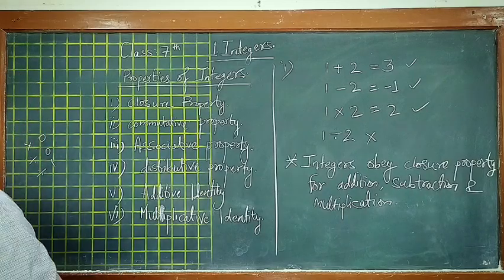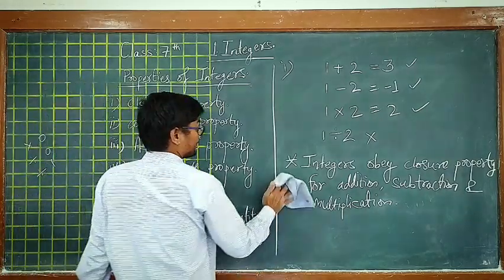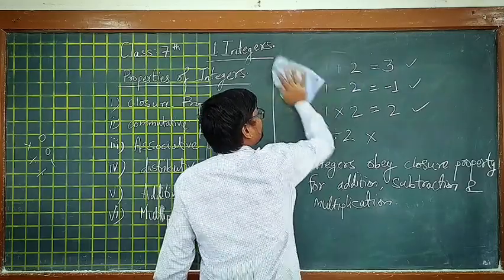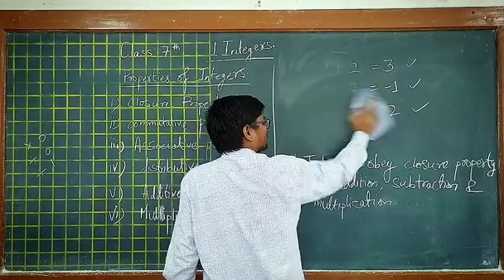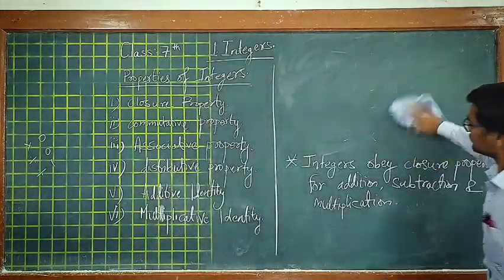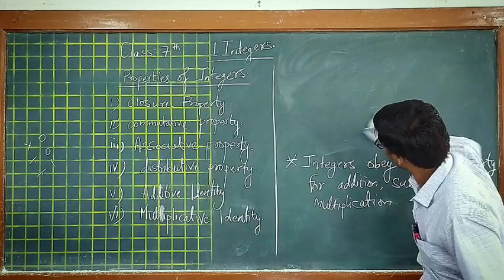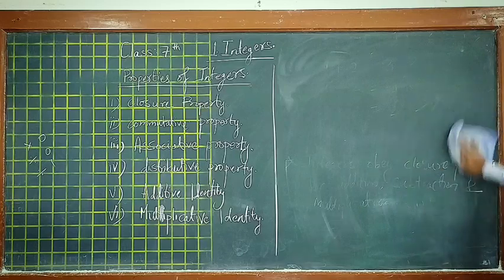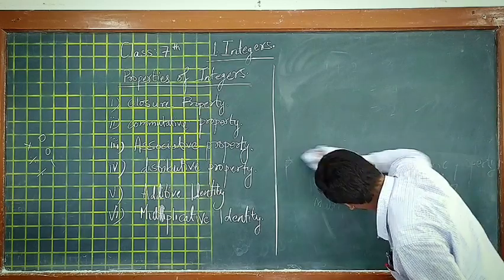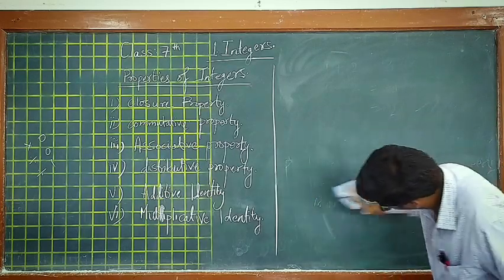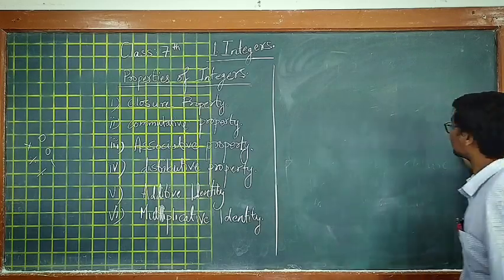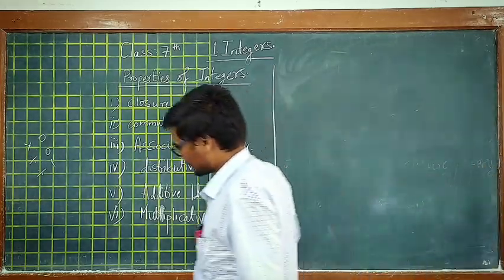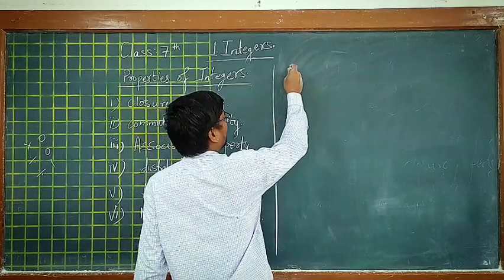The next property is the commutative property.